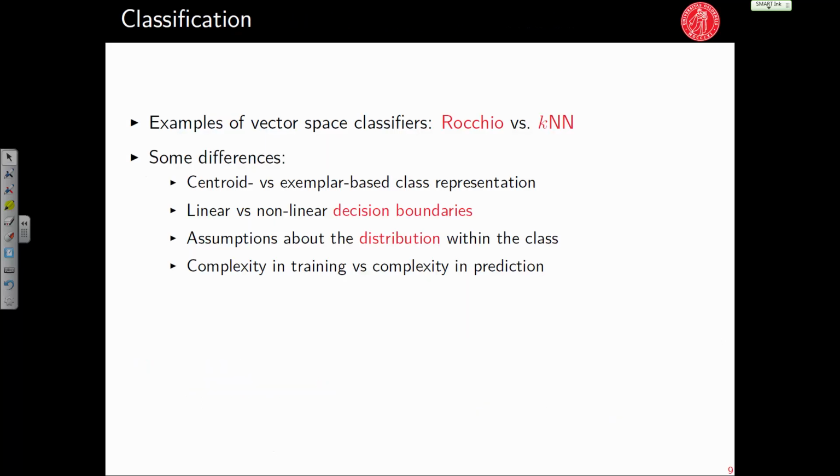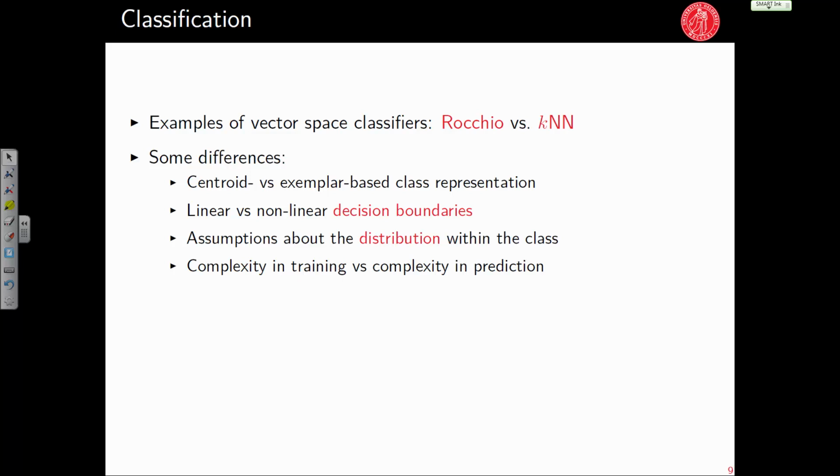In classification we looked at two classifiers, Rocchio and KNN, and if we are to list the differences between these two classifiers, there are many. First of all, Rocchio is a centroid-based or prototype-based classifier, meaning that for each class we compute a representative, a centroid in this case, an average of all the members of one class to be a representative of the class.